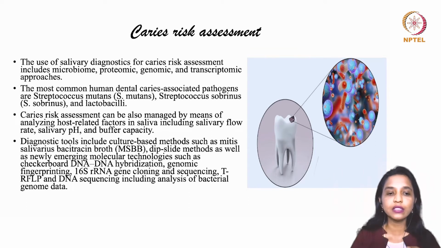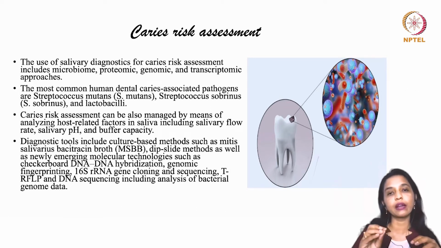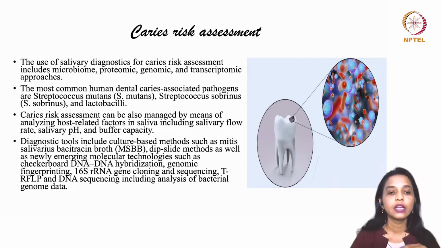So with all these, we have very advanced testing methods like testing kits, which are available as dip slide methods, the broth method, and the DNA hybridization method, genomic fingerprinting using RNA. And you also have RFLP and DNA sequencing methods. So with all this, we can determine what could be the etiological factor, and whether that particular person is vulnerable to caries even before development.